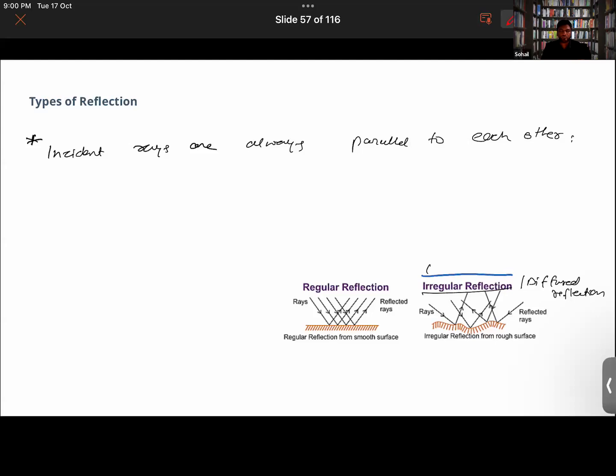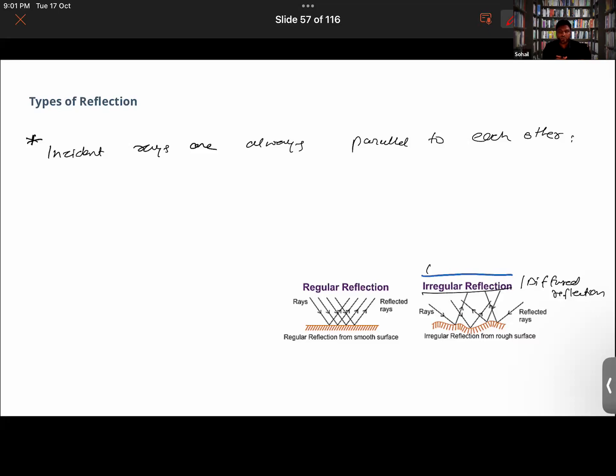But if the surface is rough, or not proper as before, the reflection still happens, but the surface is different from regular reflection.